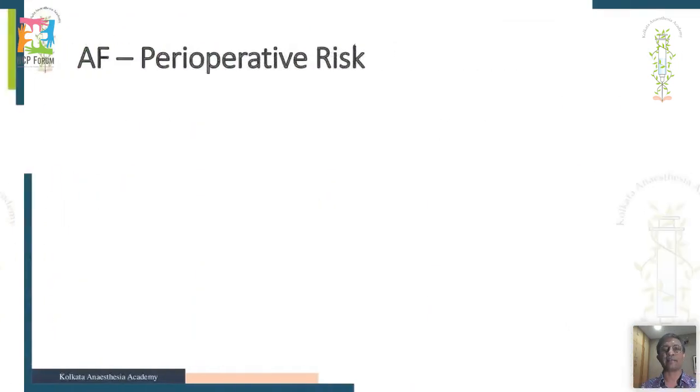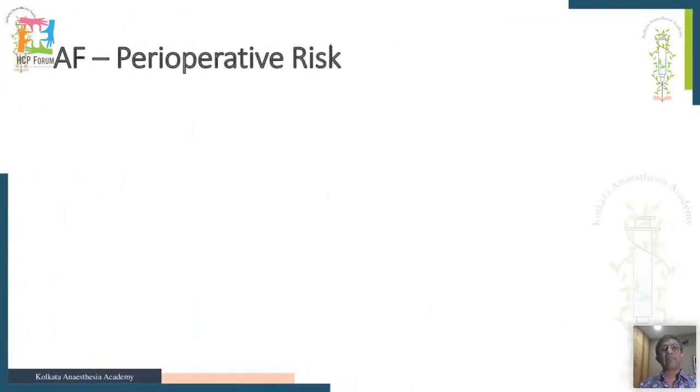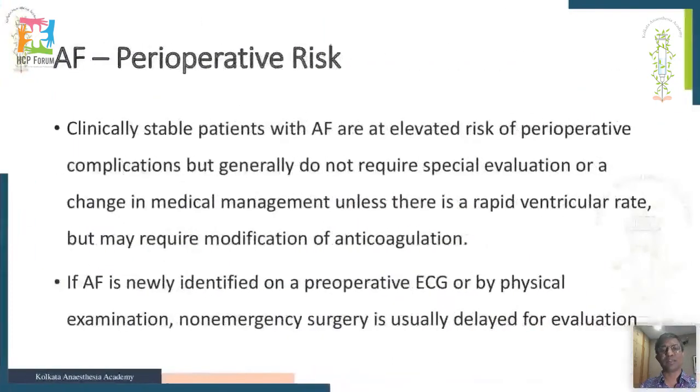The commonest arrhythmia that you would encounter is AF. In clinically stable patients with AF, if you go by recommendations, without a rapid ventricular rate, just by modification of anticoagulation, you might proceed for a non-cardiac surgery. But if it has been recently diagnosed, it has to be evaluated before you take this person off for non-cardiac surgery.